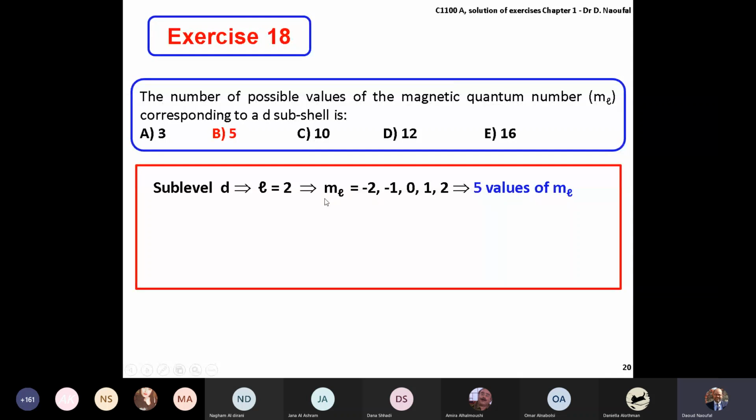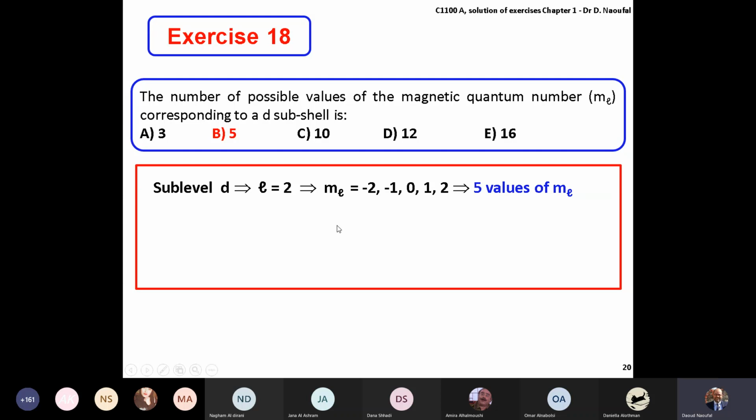So I have 5 possible values of ml for L equal 2. 5 values of ml describe the presence of 5 rooms, and each room contains a maximum of 2 electrons. So the 5 values of ml describe the motion of 10 electrons maximum.